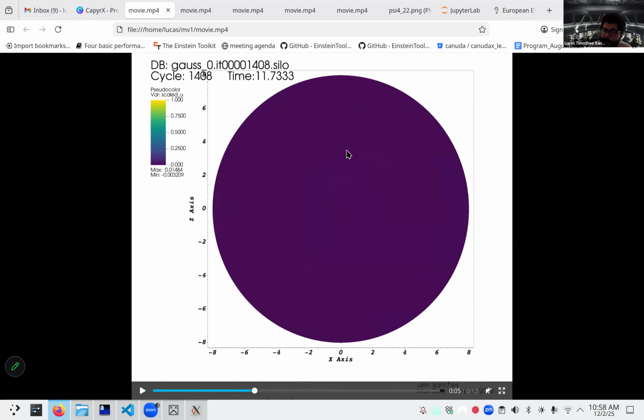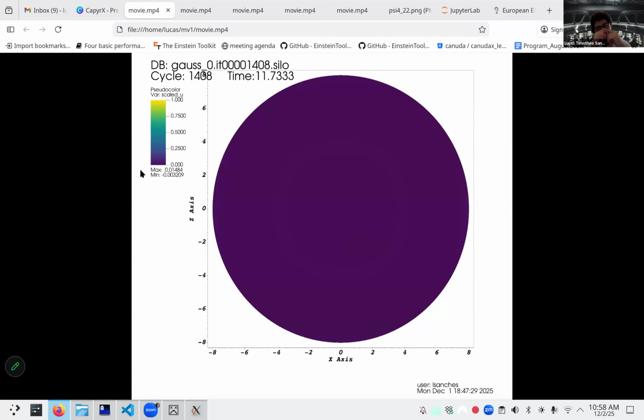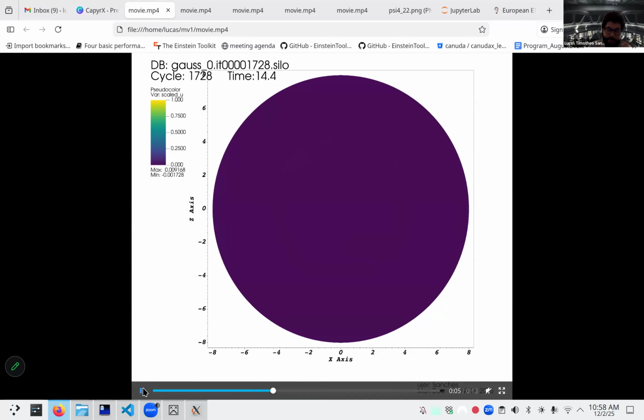It's going to be hard to see over Zoom, but it produces a smaller reflection, and you can see that by looking at the scale of the minimum and maximum values here of our Gaussian pulse, right? It focuses again in the center, and then it propagates out again back to the boundary, and it keeps doing this ping pong game. And whenever it goes across the outer boundary, the values get smaller and smaller.